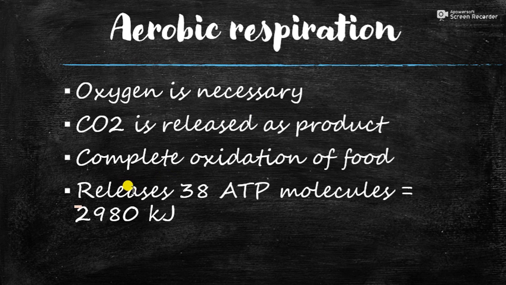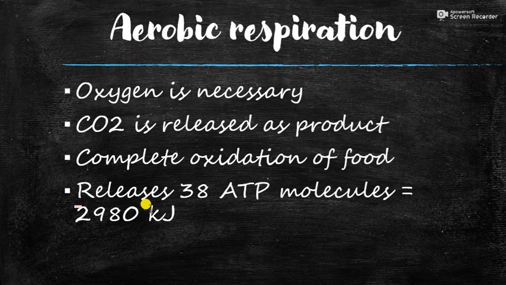So one molecule of glucose, in other terms 180 grams of glucose, because the molecular weight of glucose, C6H12O6, becomes 180 grams. One molecule of glucose releases 38 ATP molecules, or in terms of kilojoules, 2980 kilojoules of energy.